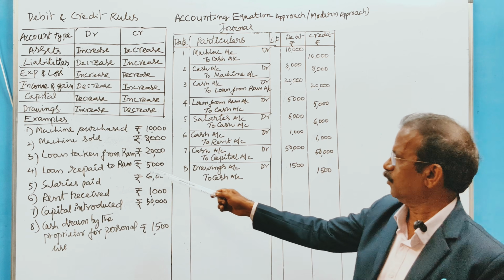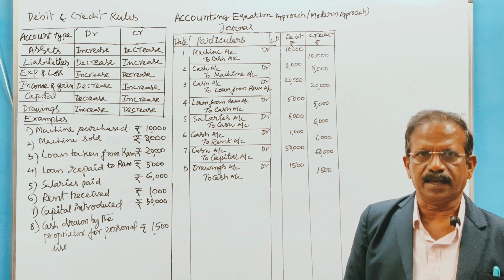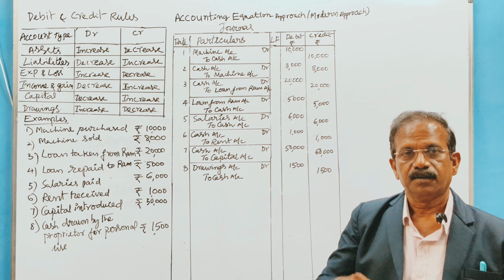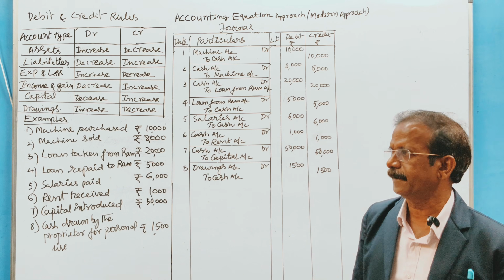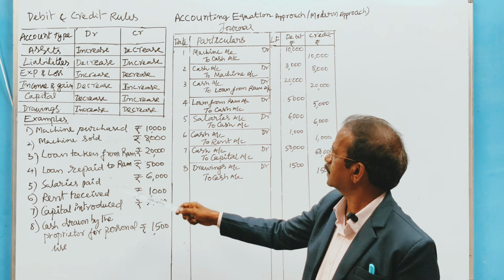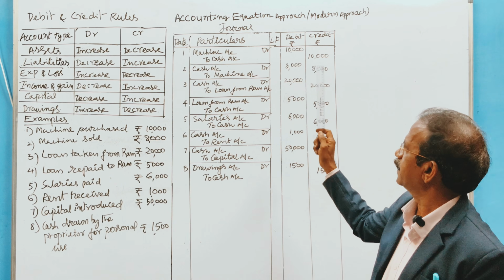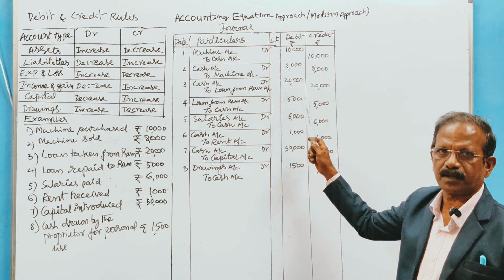And here one more account is involved, that is loan. Loan is a liability because we have to pay it later. Since it is a liability and it arises out of this transaction, loan account is credited. But you should mention loan from Ram account.